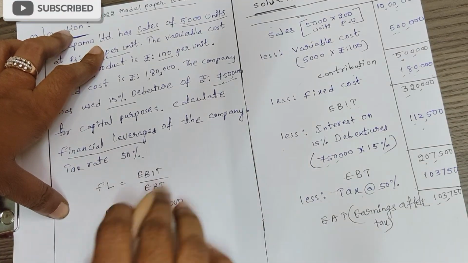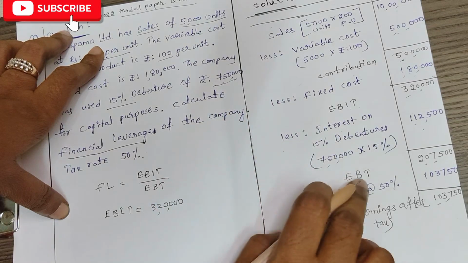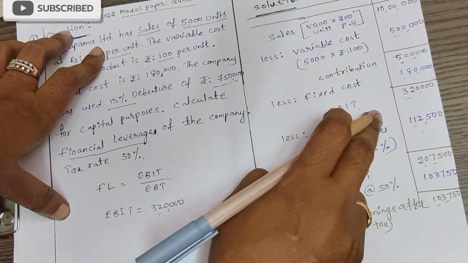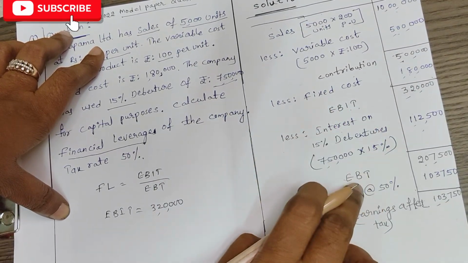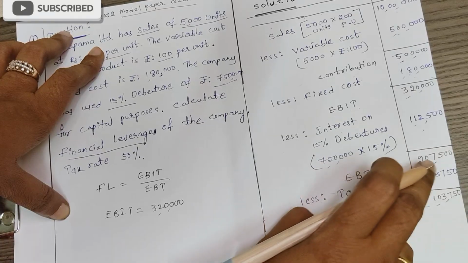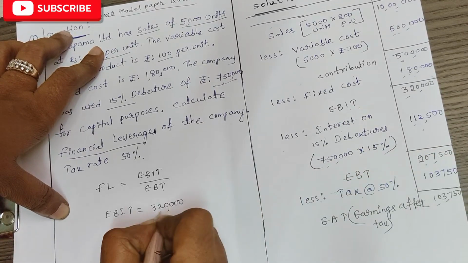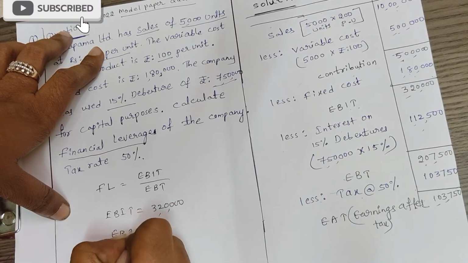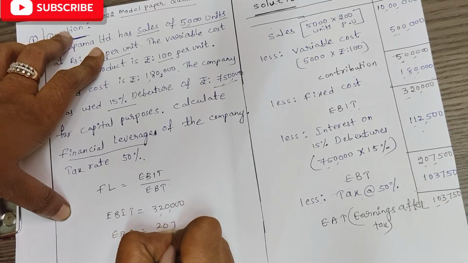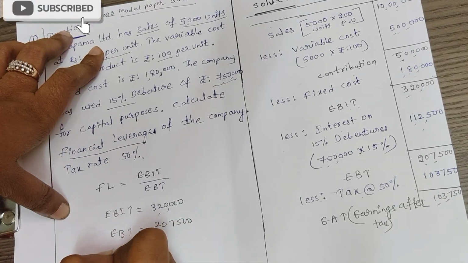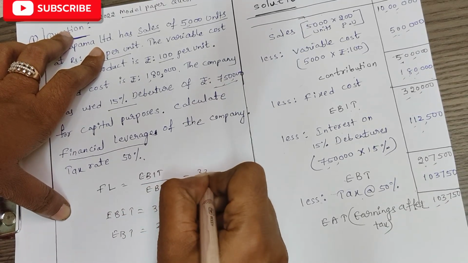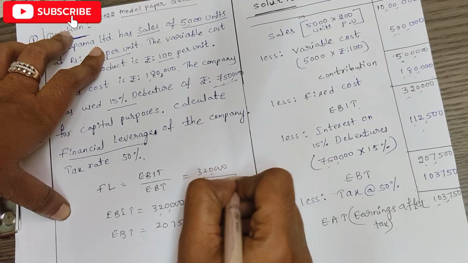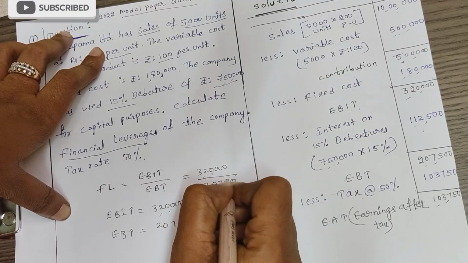Okay. Then EBT. What is our EBT? After getting EBIT, just deduct the interest, then you will get earnings before tax, 2,07,500. EBT is equals to 2,07,500. Okay, so 3,20,000 divided by 2,07,500.